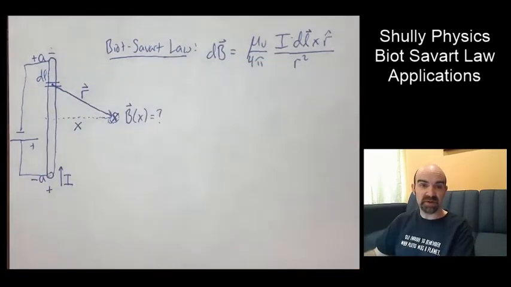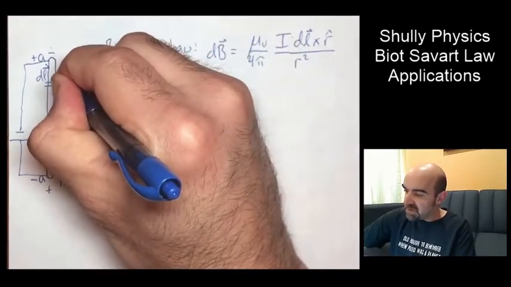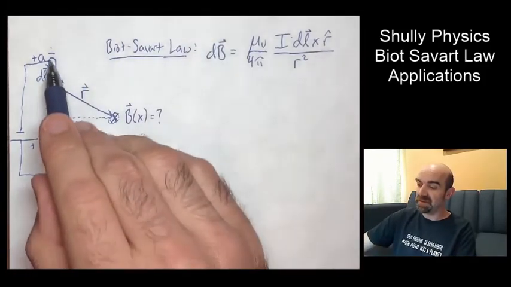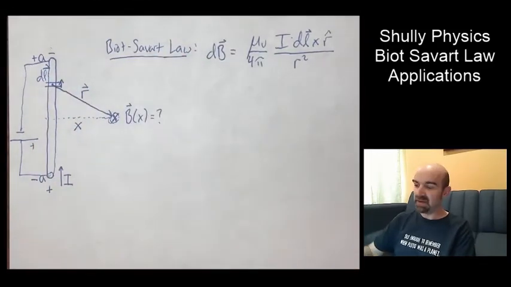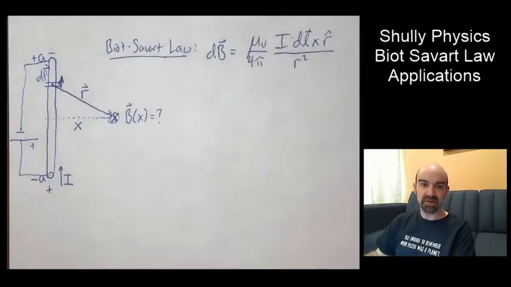So we see the direction of R. DL is also a vector. It is going in the up direction because that's the direction of the current. So the current is flowing along the length L, and this little DL is a segment of that. So DL is directed upward. There it is.